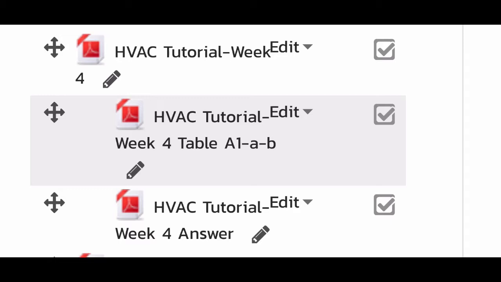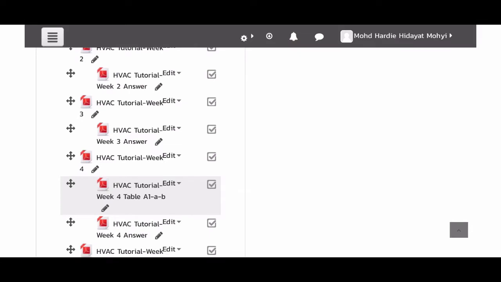So have all these 4 documents somewhere that you can edit or annotate, however you want to do it.